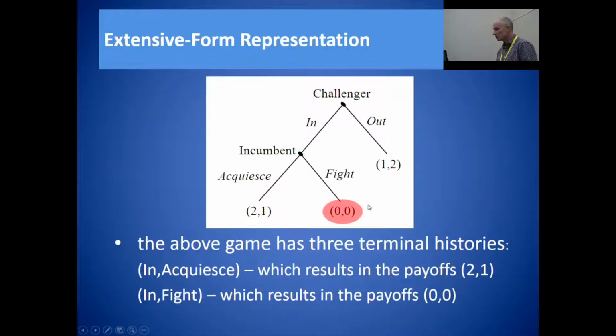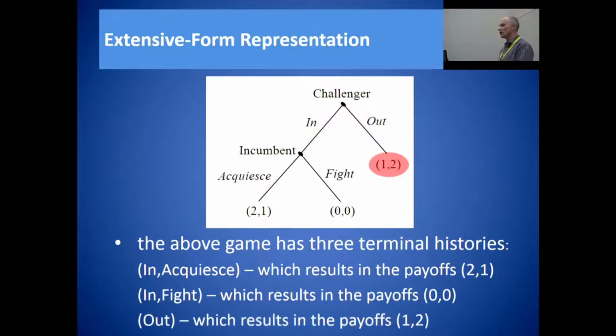When that's the case, the outcome for both players is 0. And lastly, our final terminal history is just out, where the challenger chooses to remain outside of the market. That results in a payoff of 1-2: 1 to the challenger and 2 to the incumbent. So, 3 possible outcomes.